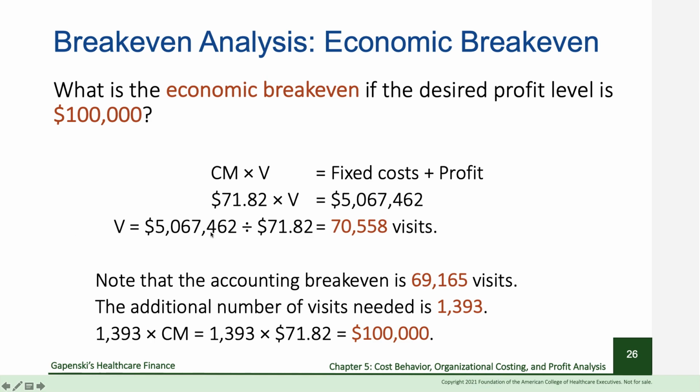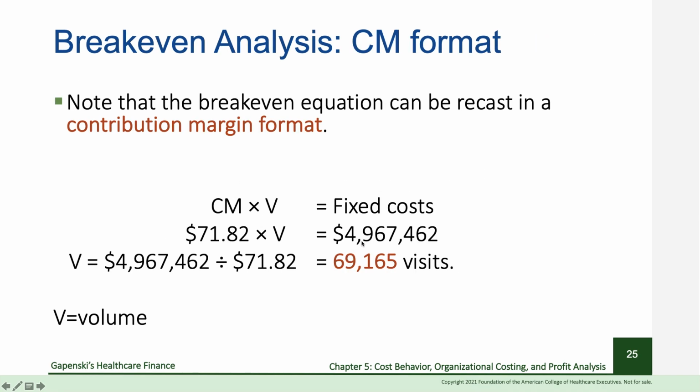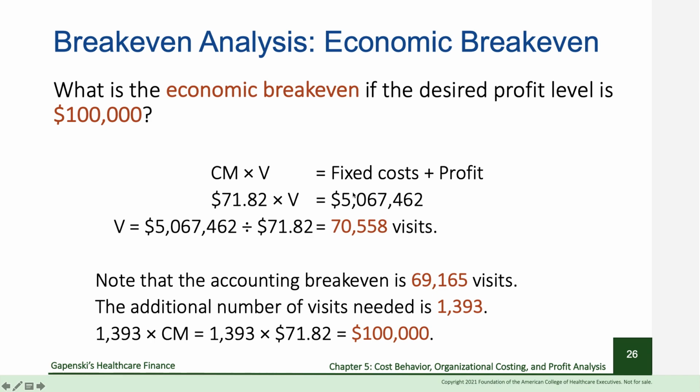So the volume is the sum of fixed cost and profit, divided by the contribution margin. The fixed cost was $4.9 million, approximately $5 million right here, and then you add the profit of $100,000. So that becomes $5.067462 million, and you divide that by the contribution margin to get 70,558 visits.